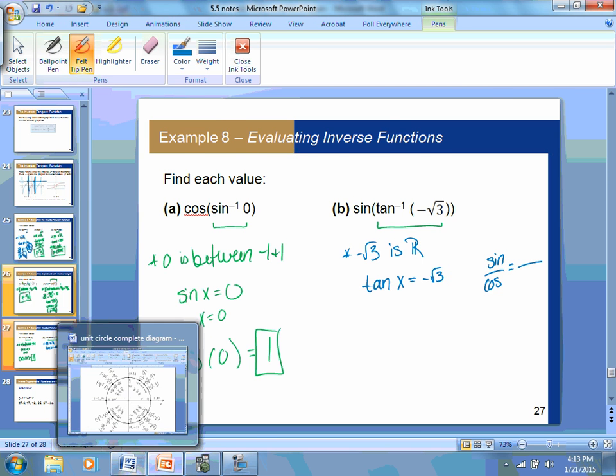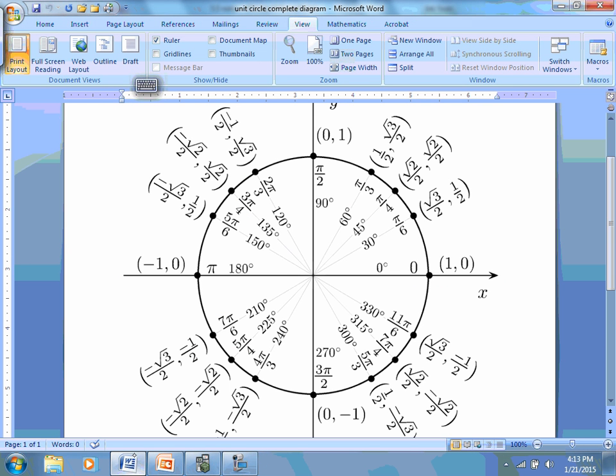So I'm going to go to my unit circle. And if I'm dealing with tangent, I want to stay, again, on the right side of my unit circle. So I know I'm going to need the square root of 3. I want it to stay in the numerator because my answer is the square root of 3. So I'm probably going to need the square root of 3 over 2 over a half.